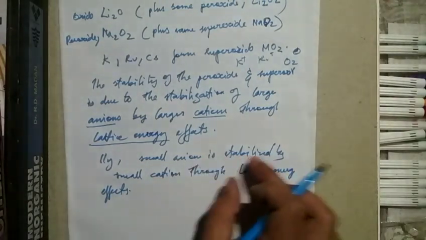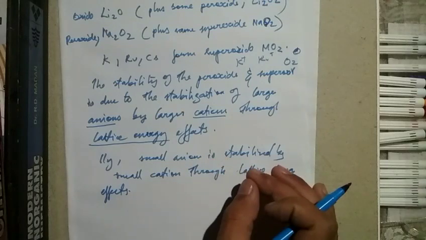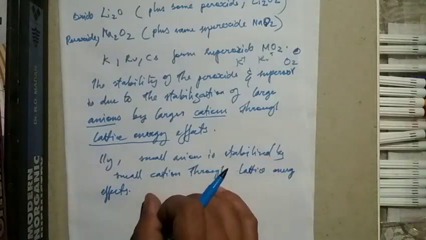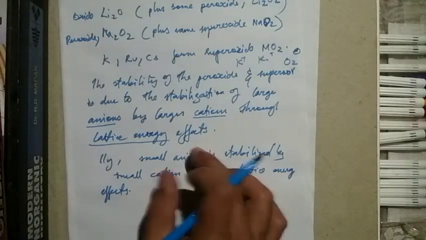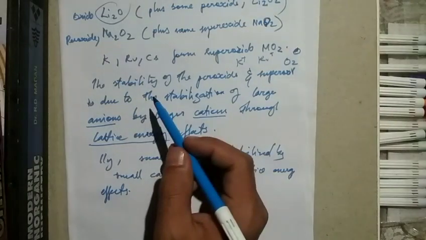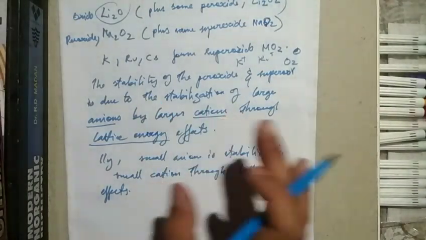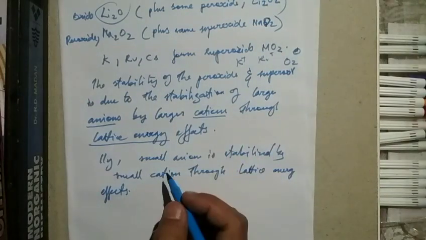Small anion and small cation combine, and when they combine, energy is involved. That energy involved to make this compound, let's say Li2O, is known as lattice energy, or energy effect.